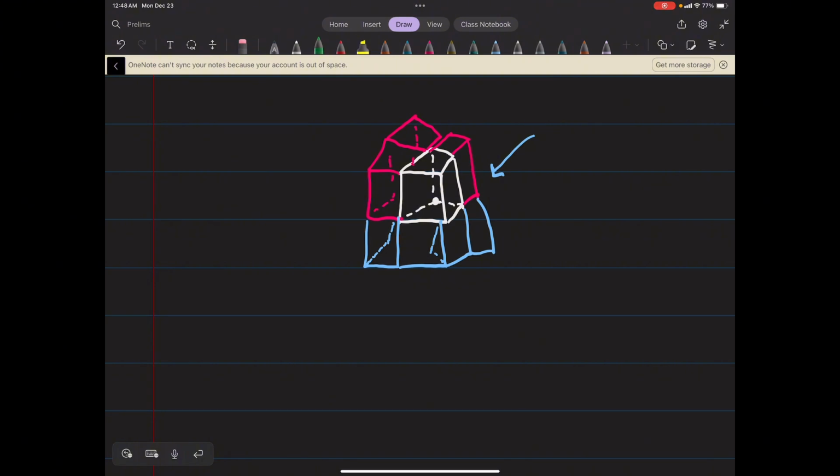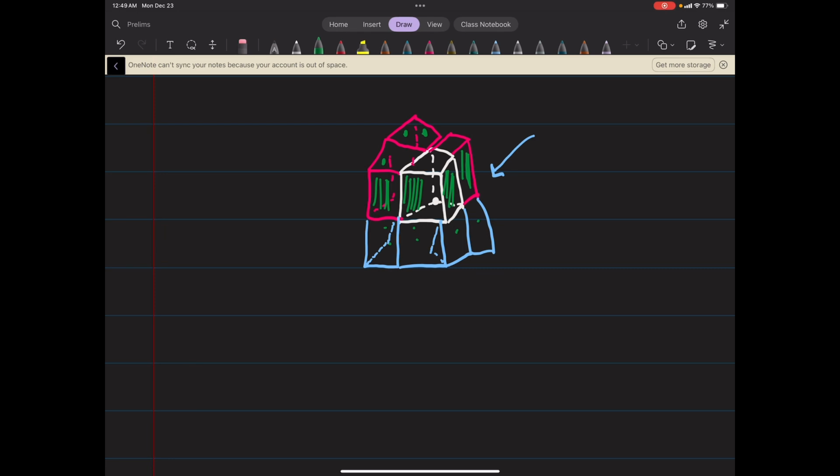We're going to have 1, 2, 3, 4, and then 5, 6, 7 there. And then down here 1, 2, 3, 4, 5, 6.